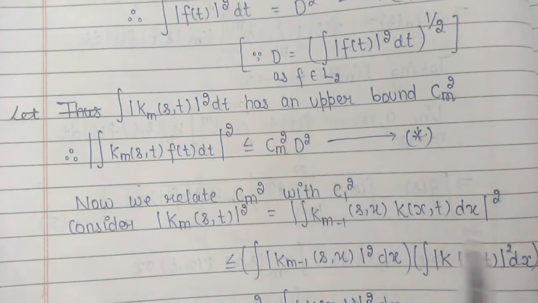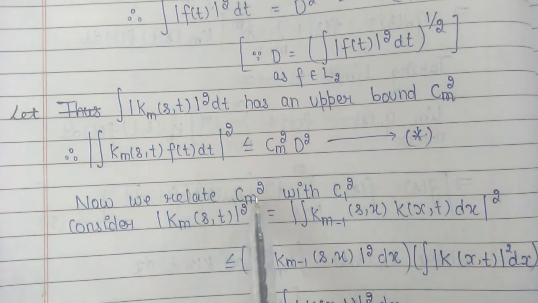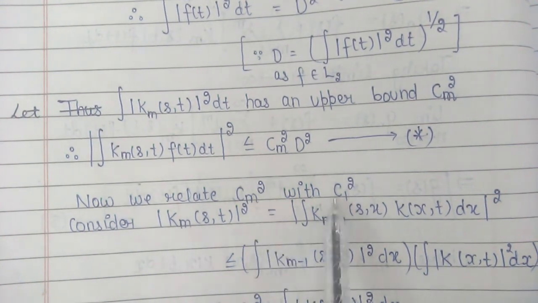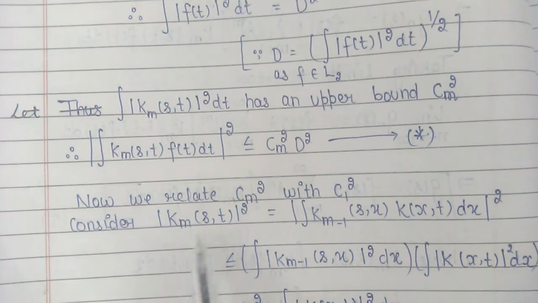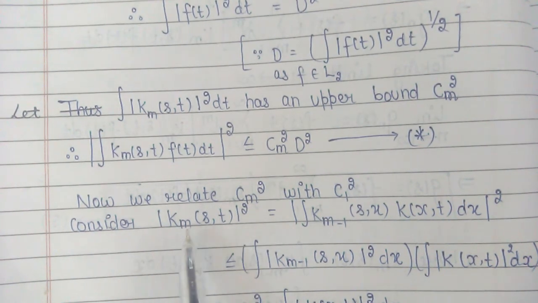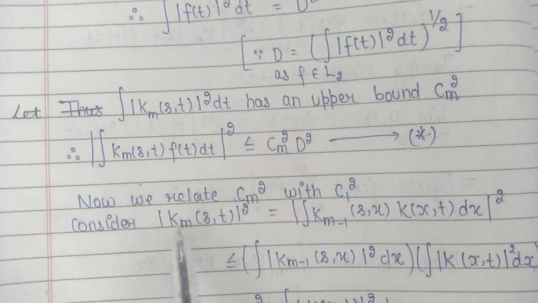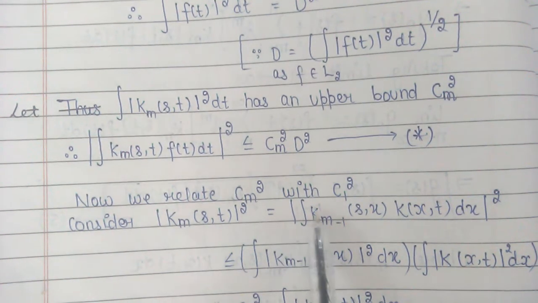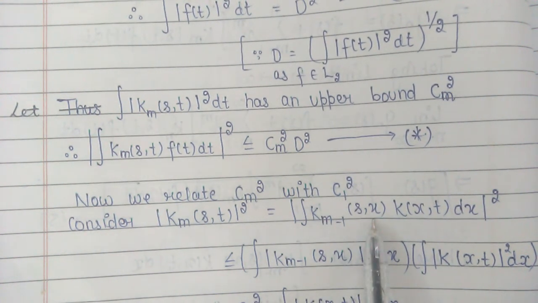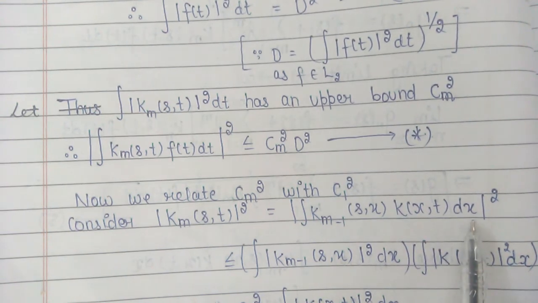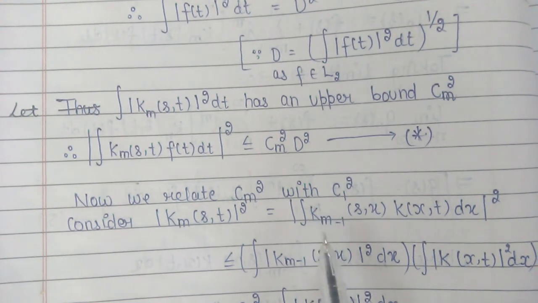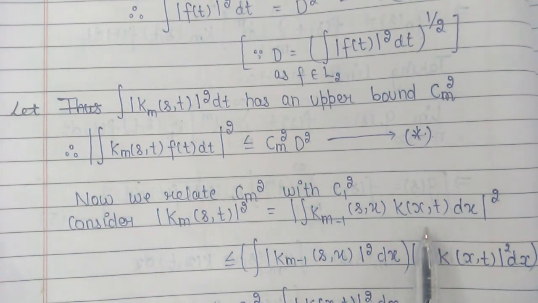Now let us connect the term c_m^2 with c_1^2. In order to connect these two terms, let us consider the square of the mod of the mth iterated kernel. Here K_m is the mth iterated kernel. By definition, it is given by the integral of K_{m-1}(s,x) K(x,t) dx. Now we consider the square of the mod of this integral, using the Schwarz inequality again.